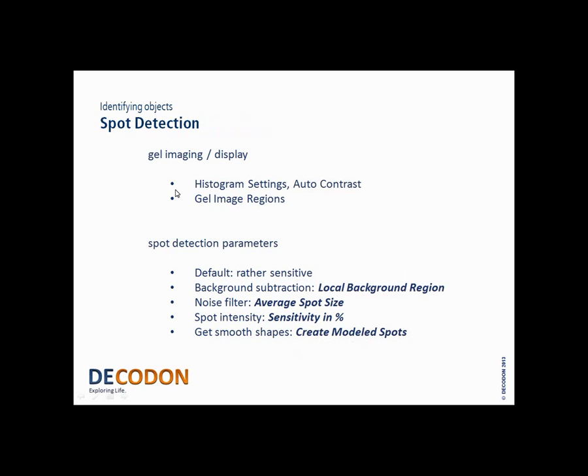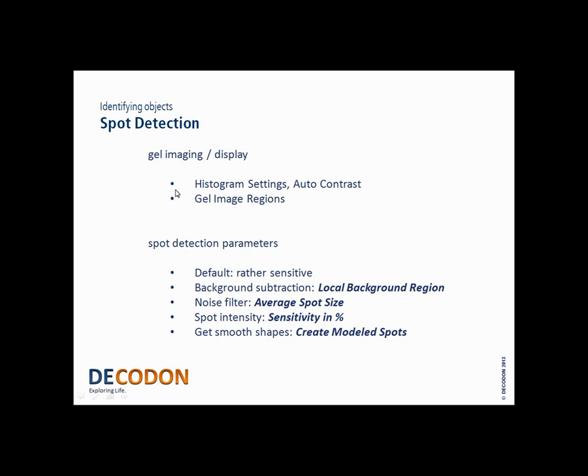And then we want to identify objects on the fused image. This is done by spot detection, and of course, to do this, we have some helpful views and changes in the settings of the views. For example, you can adjust the histogram settings.